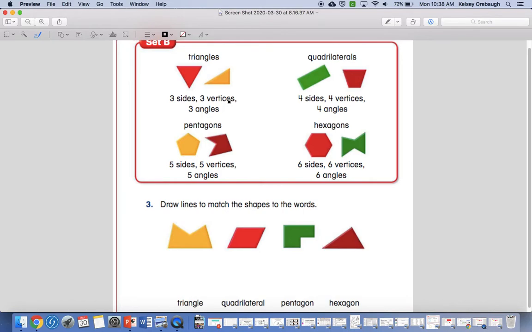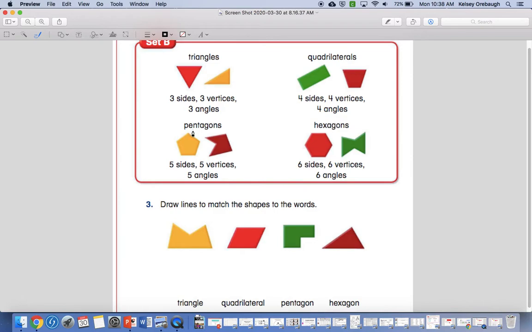These are totally flat. Plane shapes, P-L-A-N-E, okay? So we have triangles. Triangles have 3 sides, 3 vertices or corners, and 3 angles, so the inside of the shape. Those are called the angles, all right? Quadrilaterals, quad means four. They have 4 sides, 4 vertices, and 4 angles.